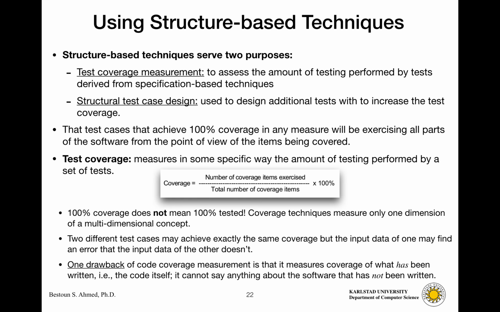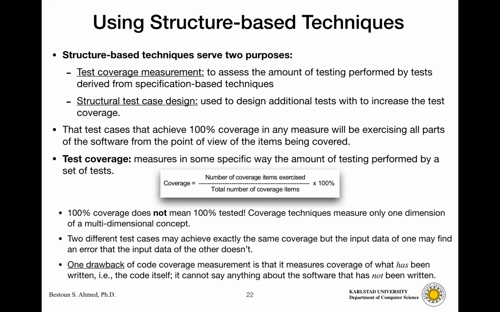So the test coverage is really straightforward. We are tracking the number of lines of code or items that will be executed, and then divided by the whole number of lines of code, multiplied by 100, and that will be the percentage of your coverage.